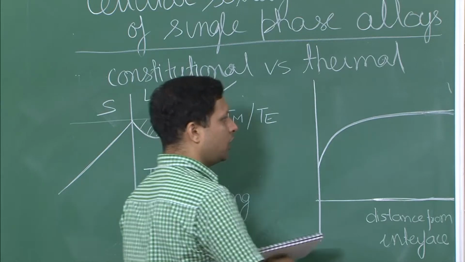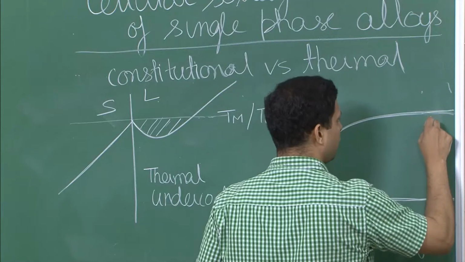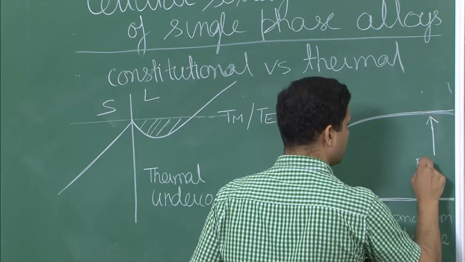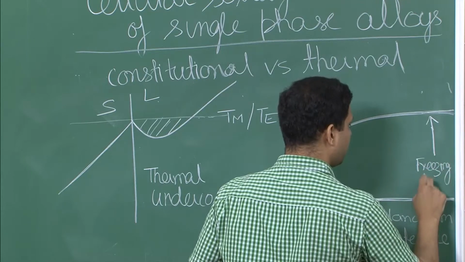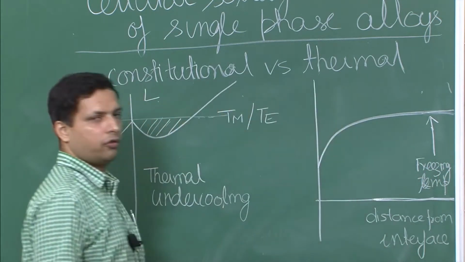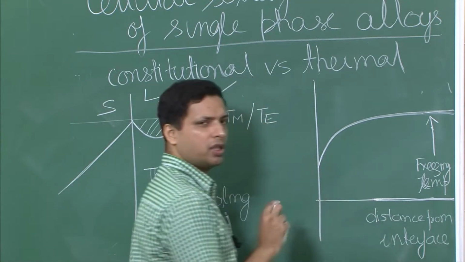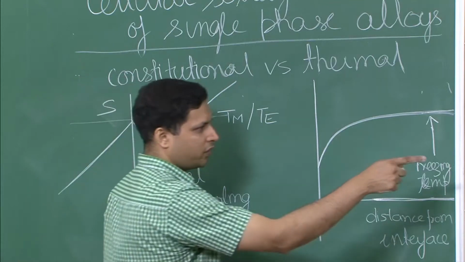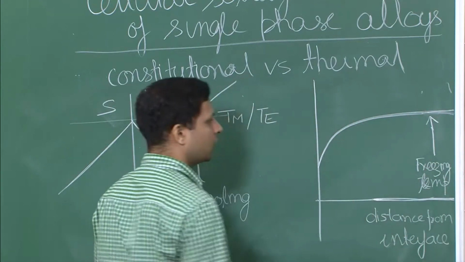So this is the liquidus, the variation in the liquidus or freezing temperature. And why is the freezing temperature changing? Usually you would expect for the same material the freezing temperature to be constant, but here the material is the same but the composition is changing, which we saw earlier, and because of that you get this kind of curve.